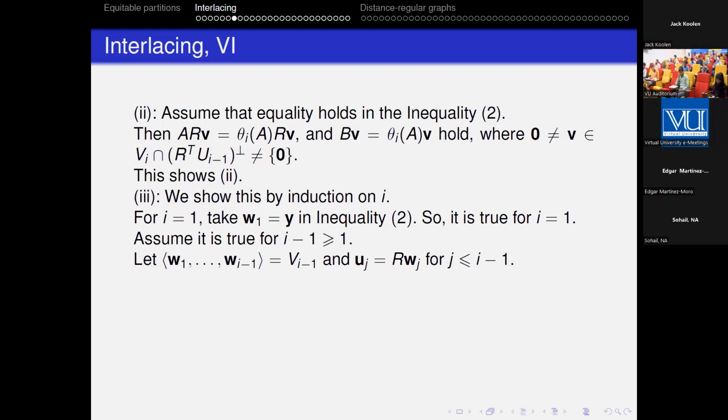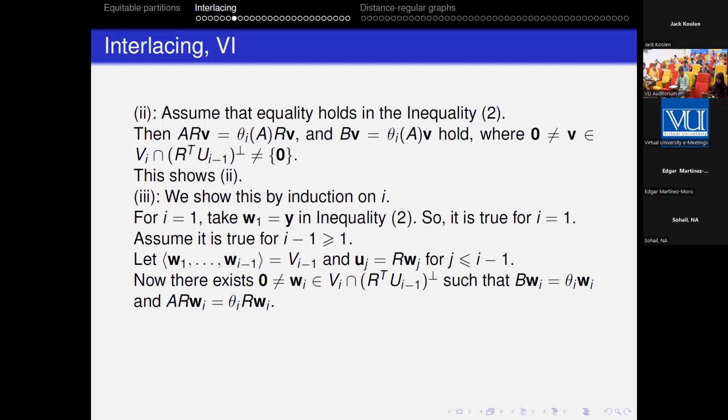The original eigenvectors may not work exactly. That is the point here. And we take U_j to be R W_j. So we get different eigenvectors W for B and different eigenvectors for A as well. Then we get a W_i in this space V_i intersected with R transpose U_{i-1} perp, such that you have these two inequalities as equalities.